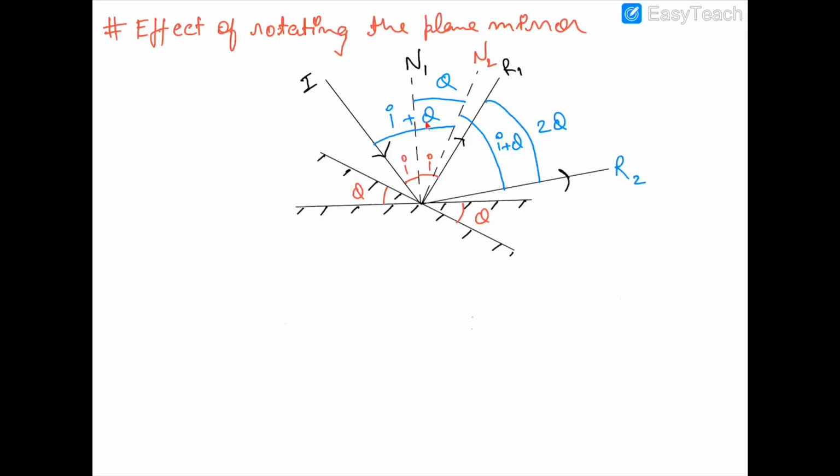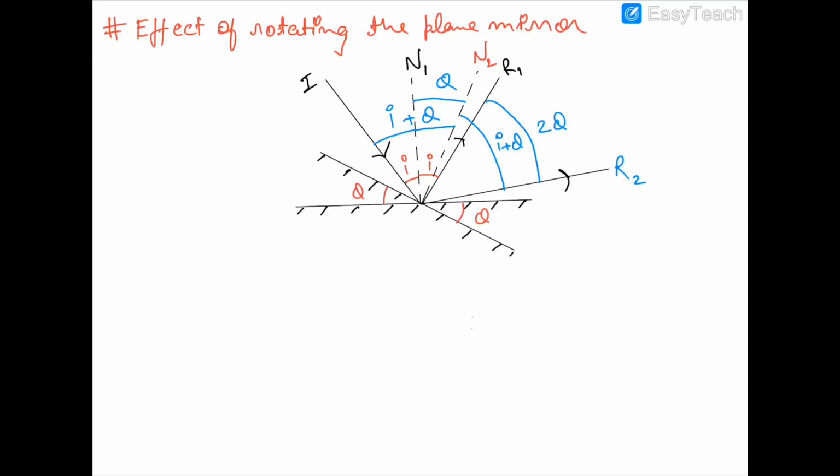It is measured between the original incident ray and the new normal n2. So this angle is I plus theta.